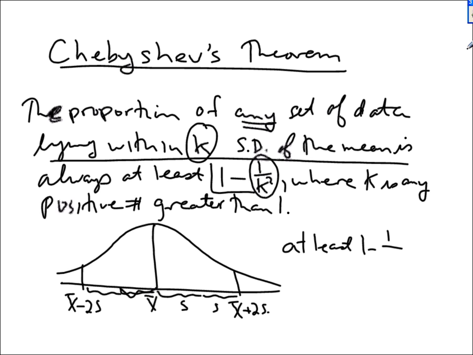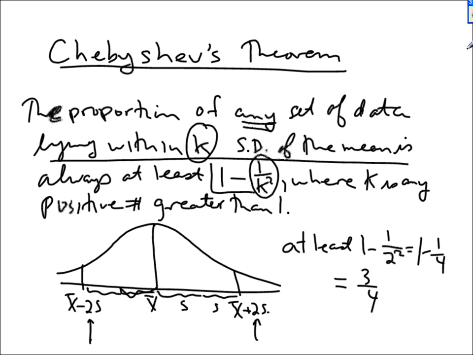But K is the number of standard deviations. K we're saying is 2. That's K right there. We're going 2 standard deviations to the right and to the left. 2 squared is 4. 1 minus a quarter is 3/4. So 3/4 of the data is in between.